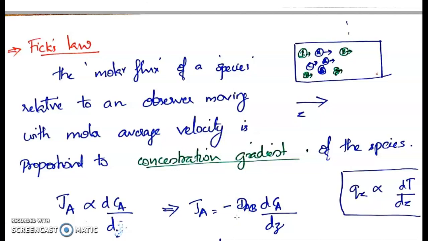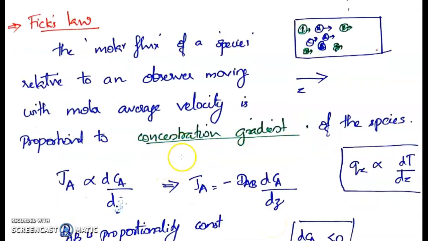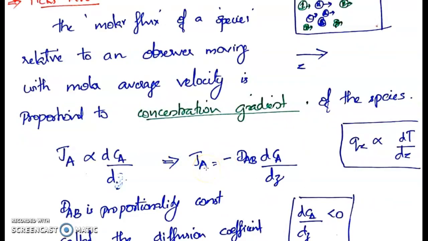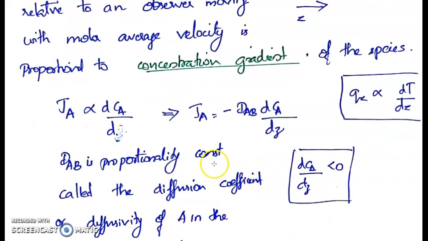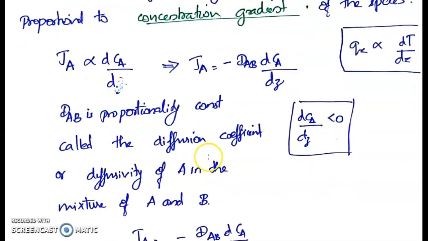If the value of DAB is low, diffusion will be less, irrespective of the concentration gradient. Similarly, we can write JB is equal to minus DBA into dCB by dz, where DBA means the proper diffusion coefficient for the diffusion of B in a mixture of A and B. So this convention should be followed. DAB means diffusion of A in a mixture of A and B.